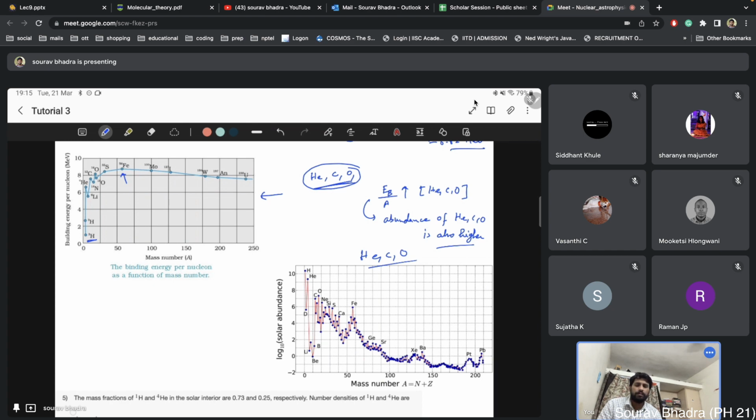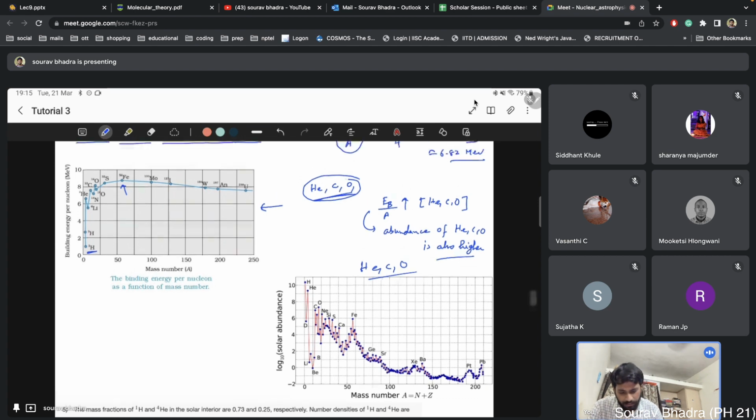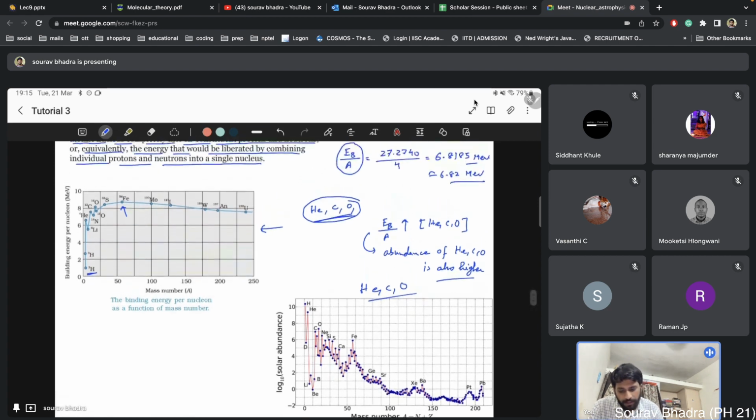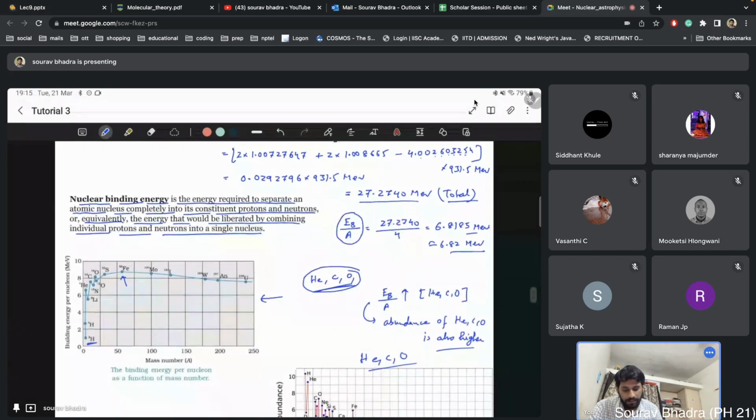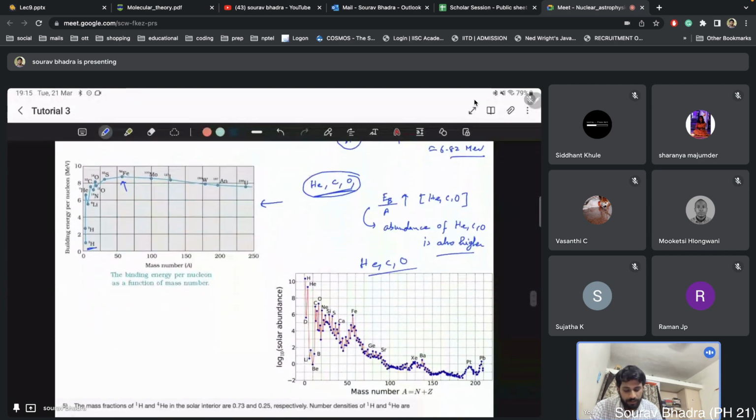Briefly, if I get time, I will tell you how to calculate the spin parity from the shell model and what the drawbacks of the liquid drop model are. So we have done this question, the binding energy per nucleon for 4He, and I have compared those two plots also.